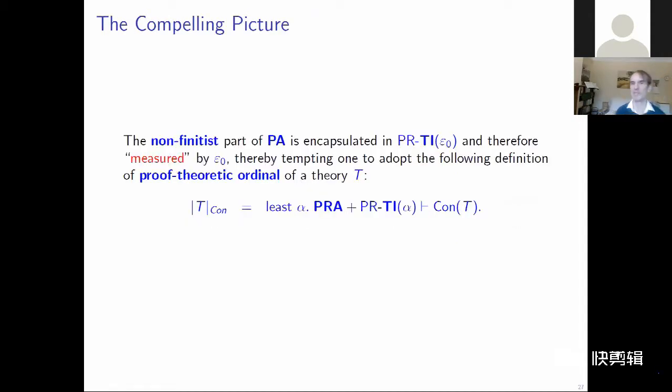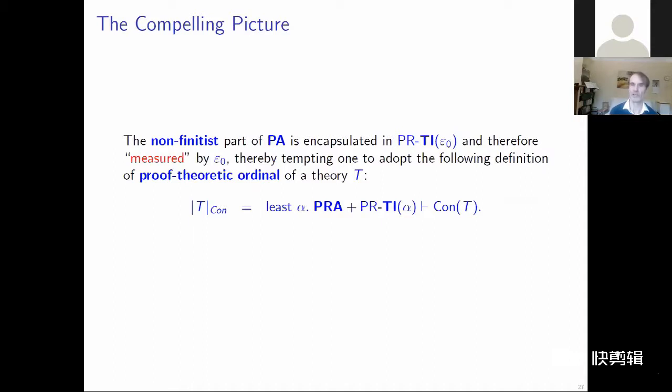Now, this leads to a nice picture. If you're interested in proving the consistency of various theories, maybe you can do it as follows.